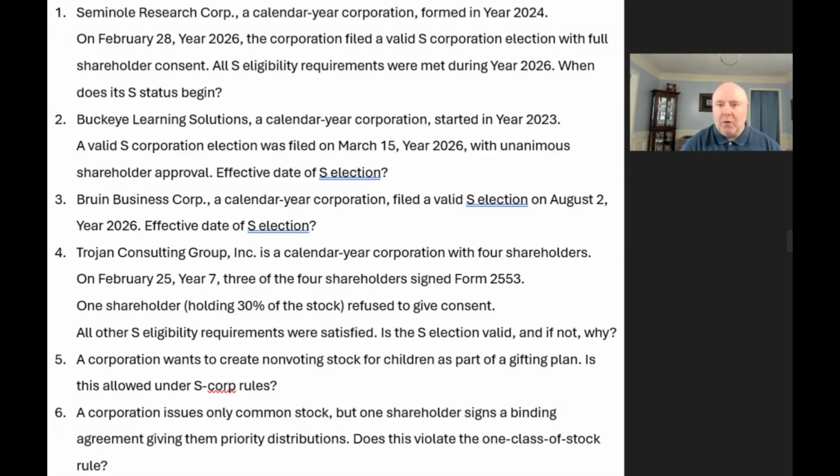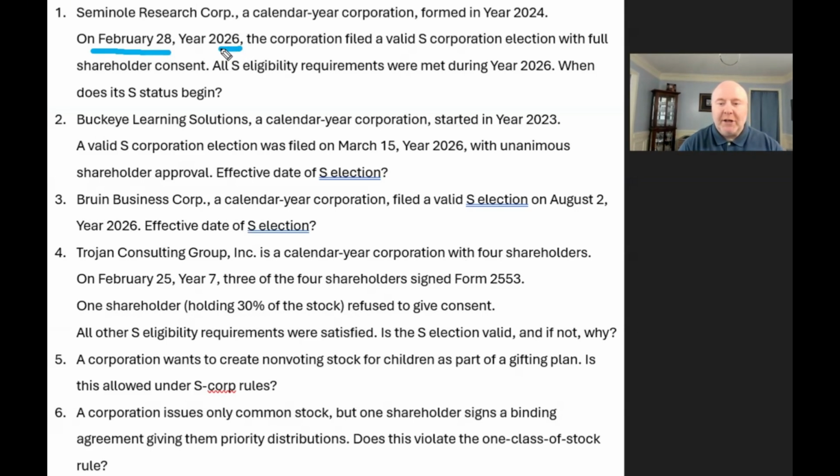All right, remember our rule. It's March 15th, right? So what we need to look at is, if we want to be within the current year, it has to be filed by March 15th. So we were February 28th, 2026.